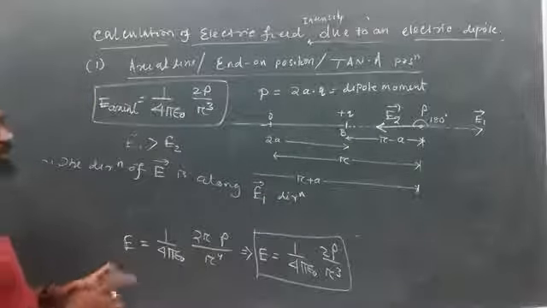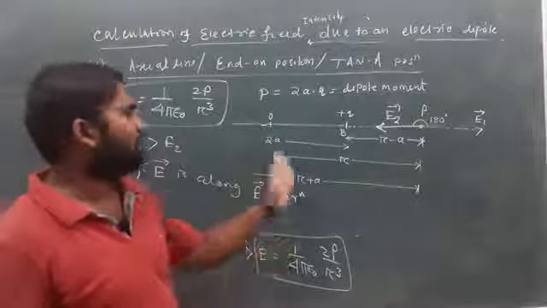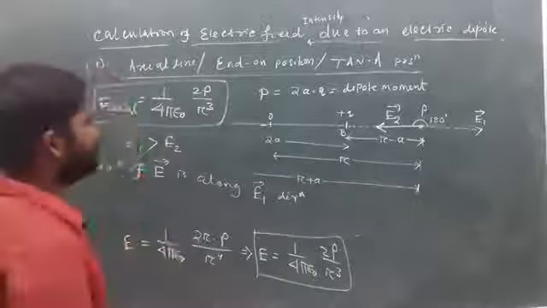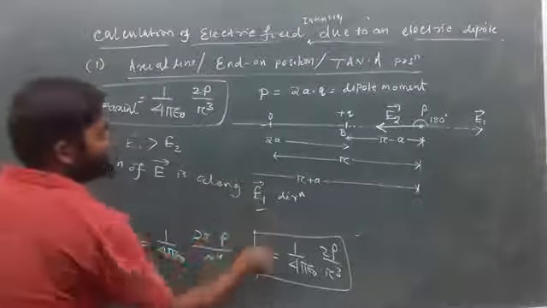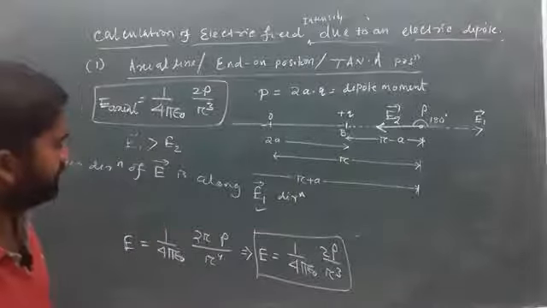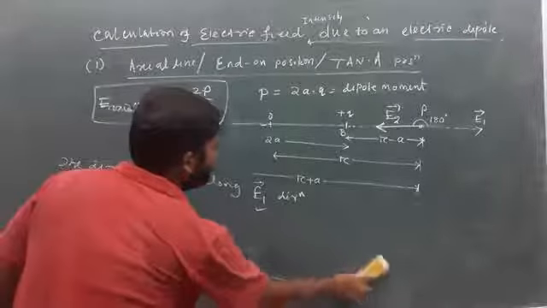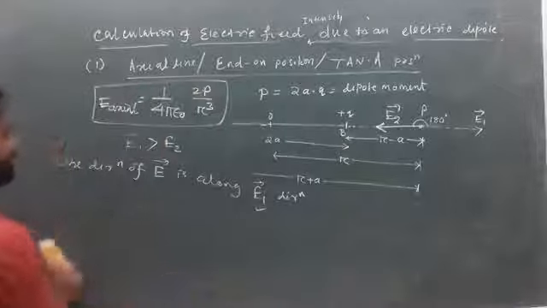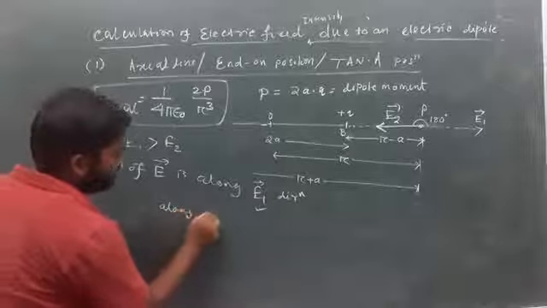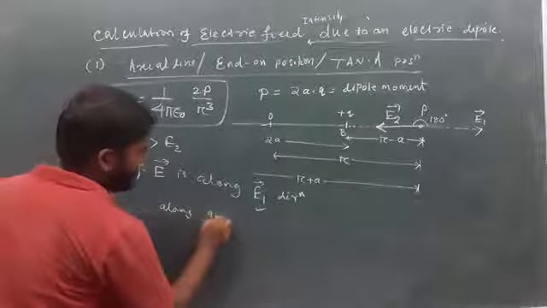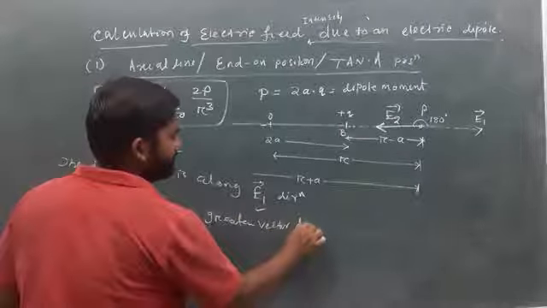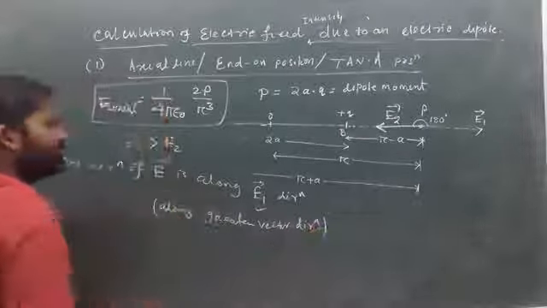That means the plus charge, A to P direction. So that will be the direction of electric field, or we can say along the greater vector direction.